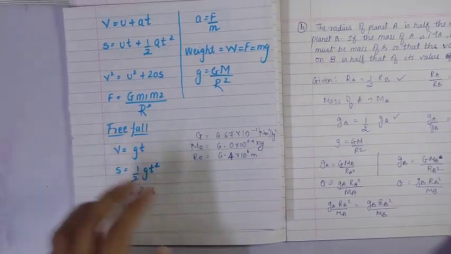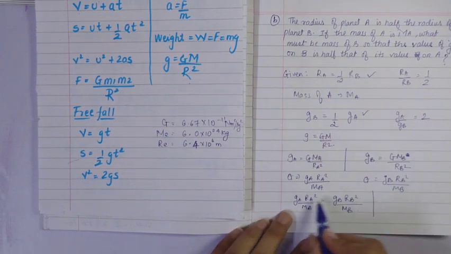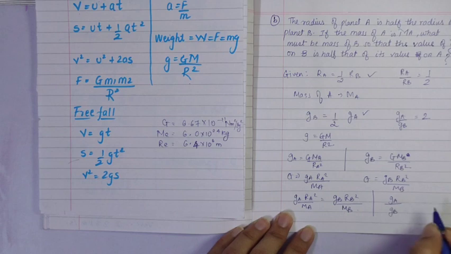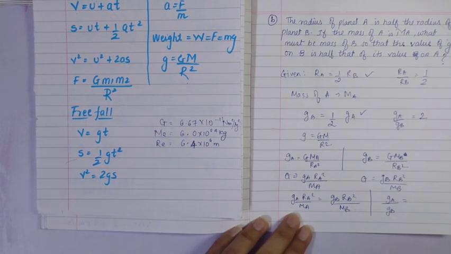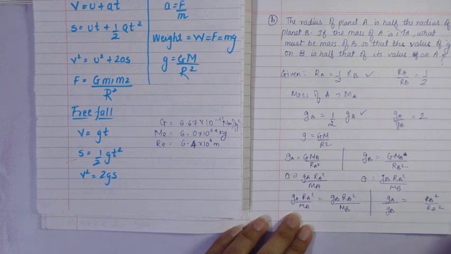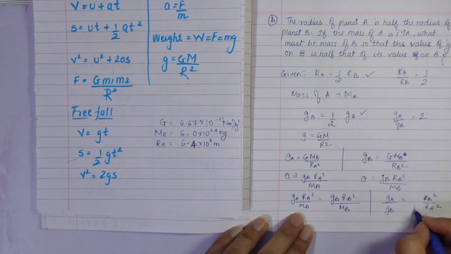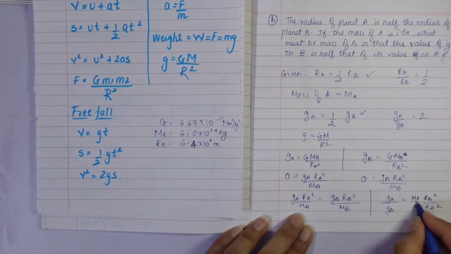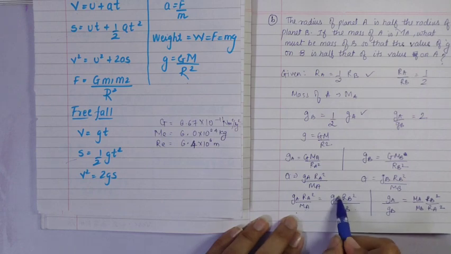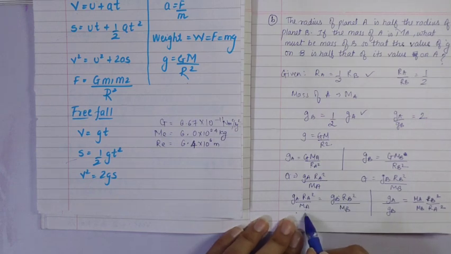Now what I will do is, let's first rearrange this. So gA upon gB is equal to RB square upon RA square into MA upon MB. I've just rearranged this: gB I've taken here, MA I've taken there, and RB I've taken here.